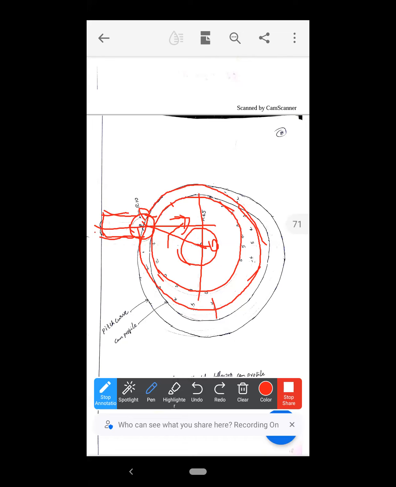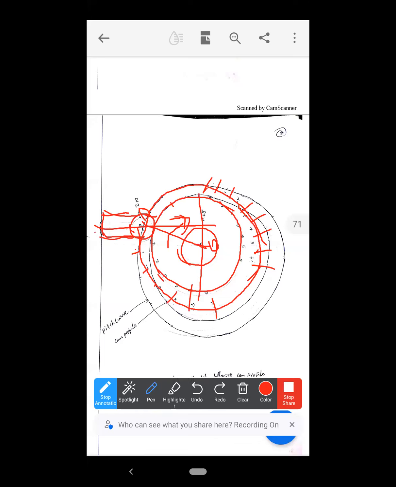The 120 degrees is divided into 6 parts, so each part is 20 degrees: 1, 2, 3, 4, 5, 6.